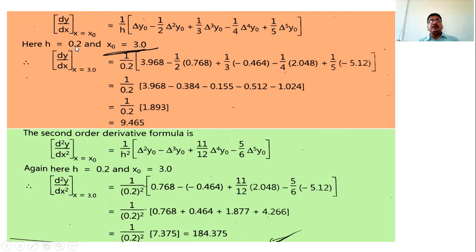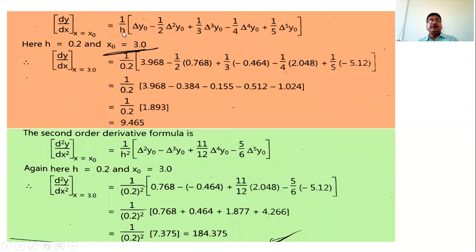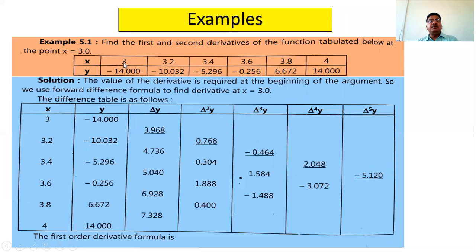And h is 0.2. Here the difference 3 to 3.2 is 0.2, and 3.2 to 3.4 is 0.2. So h is the common difference 0.2. X naught is 3.0, that is the first point.